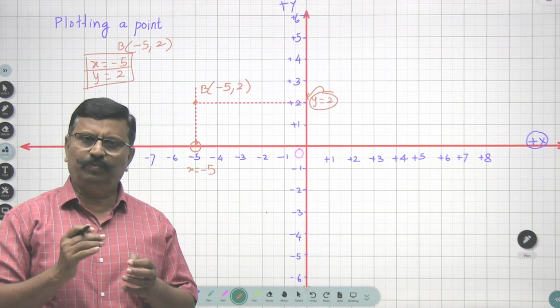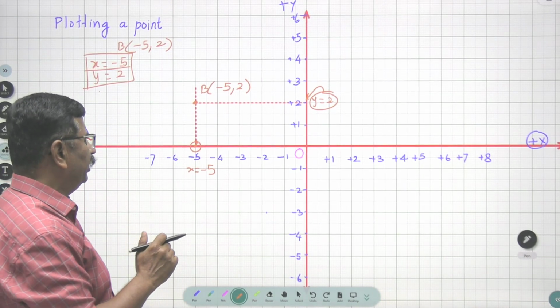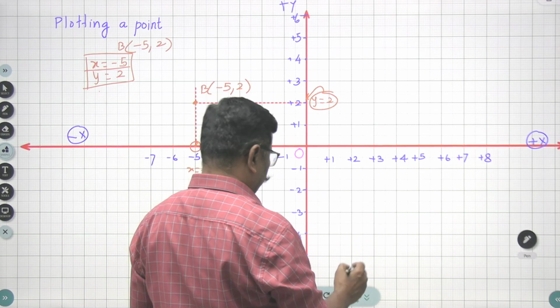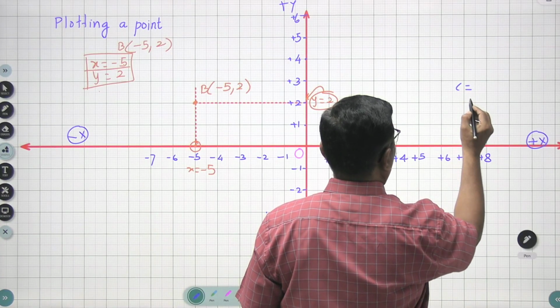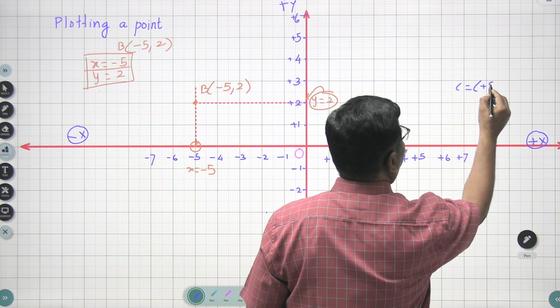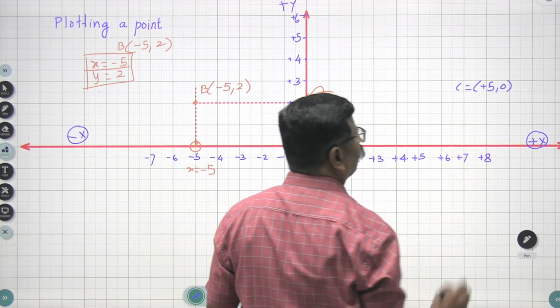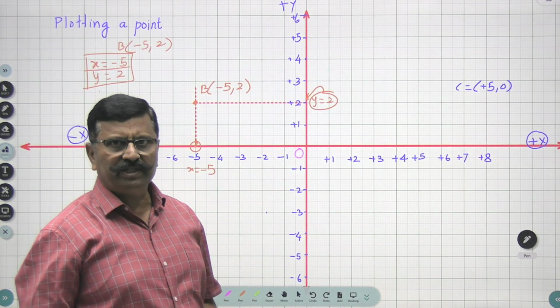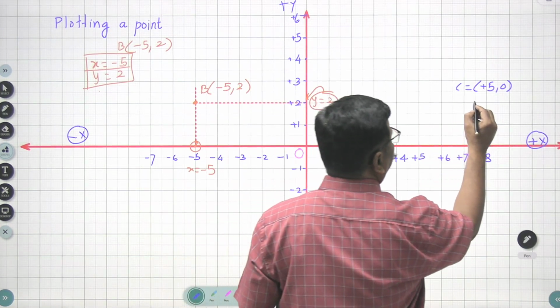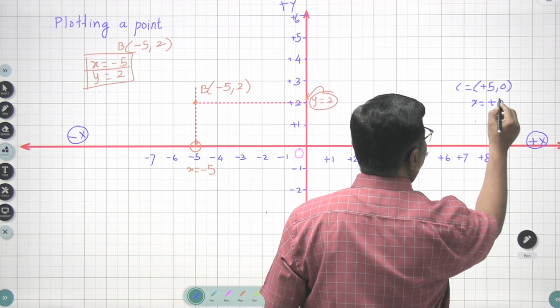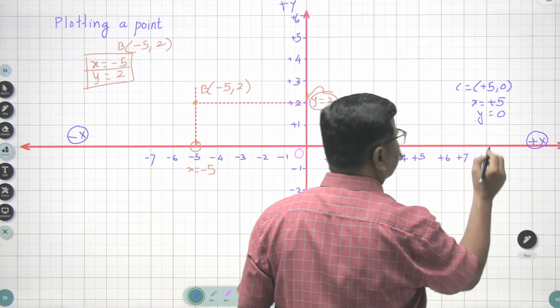Also, how to plot a point on the axis? Suppose we are given point C, plus 5 comma 0. When it is plus 5 comma 0, that means x is equal to plus 5 and y is equal to 0.